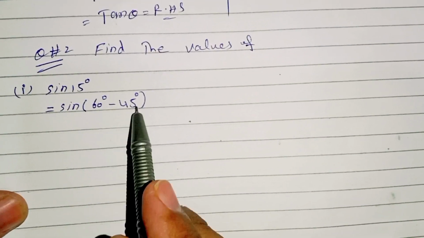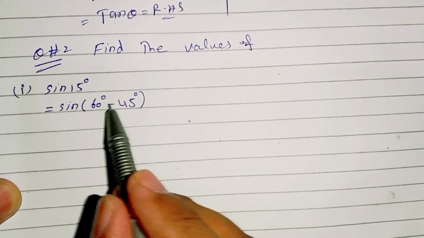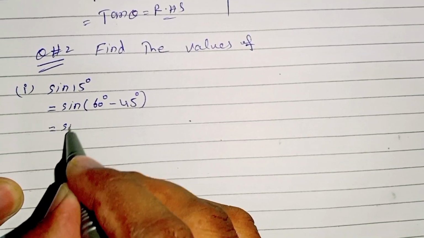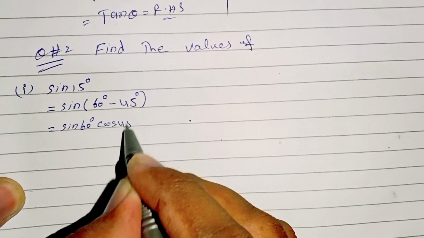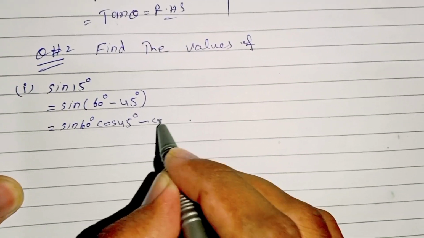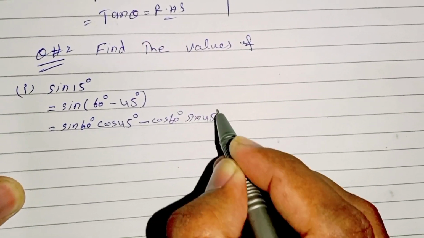We know that 60 degree minus 45 degree is equal to 15 degree. Now we use the formula for sine alpha minus beta, which is equal to sine 60 degree cos 45 degree minus cos 60 degree and sine 45 degree.